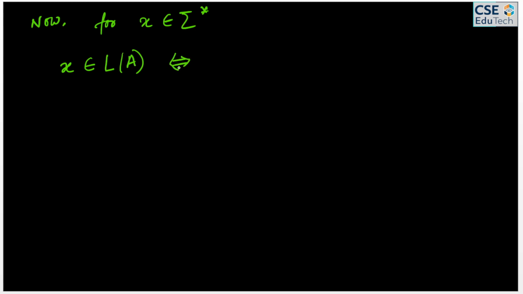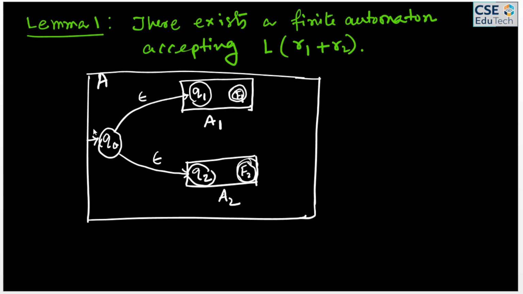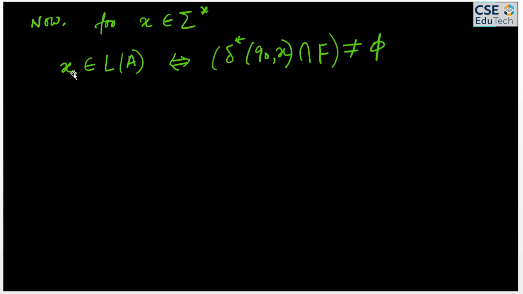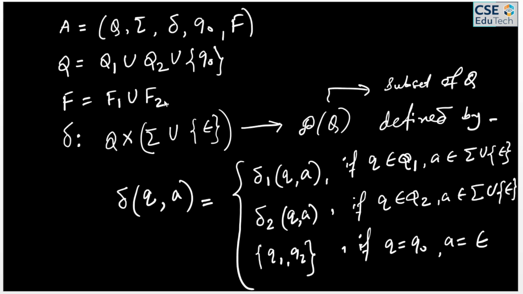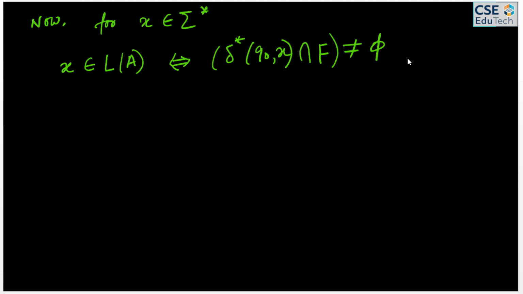So it basically implies that delta star, starting from Q naught after processing X, if we take the intersection with the final states, F defined as F1 union F2, should not be equal to empty.